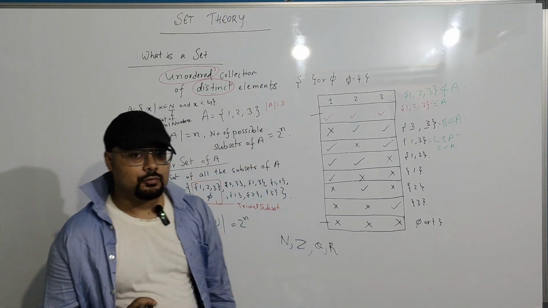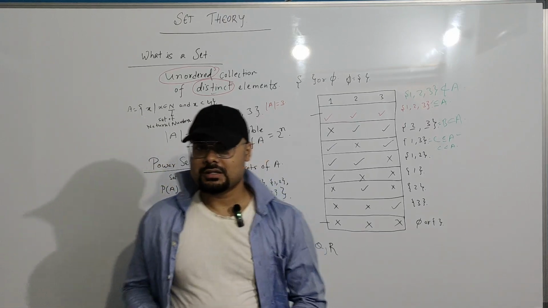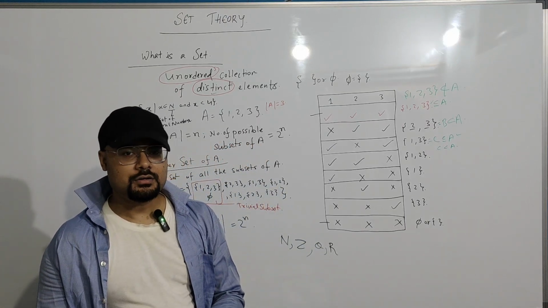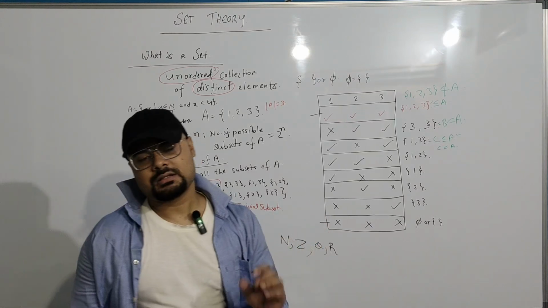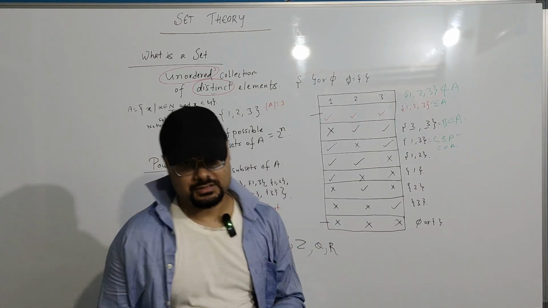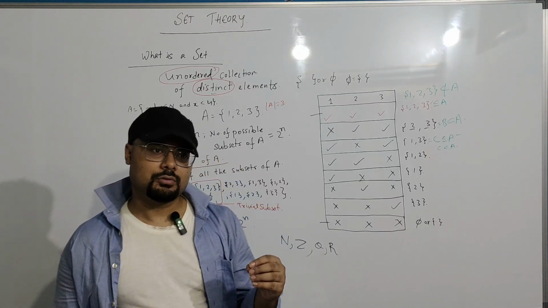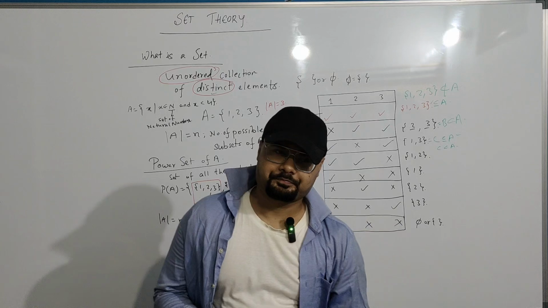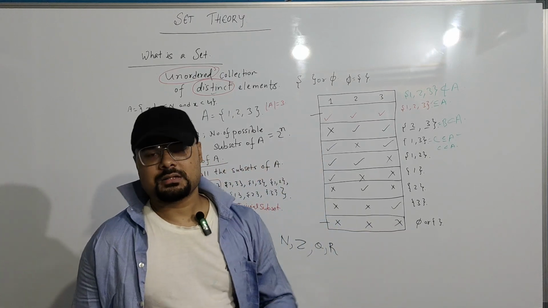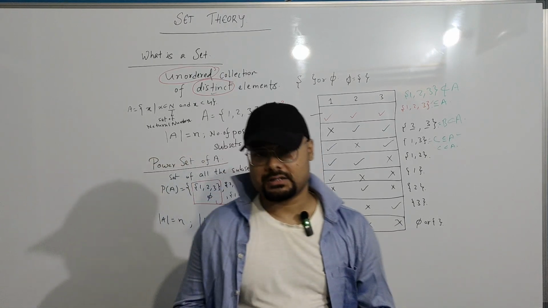For example, take the case of a university. In a university, you can have one set of students. Some students may be learning physics. Some students may have opted to learn chemistry. Some may have opted to learn mathematics. Some may have opted to learn about politics.